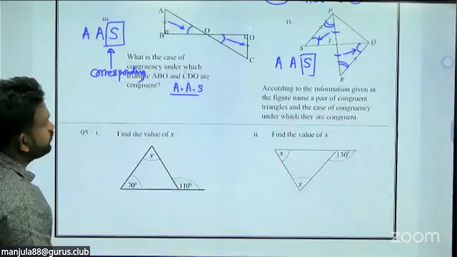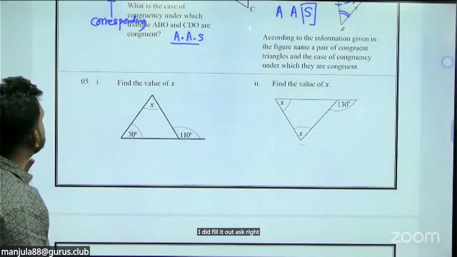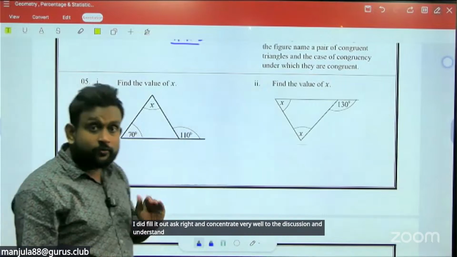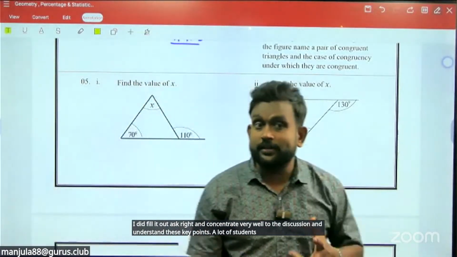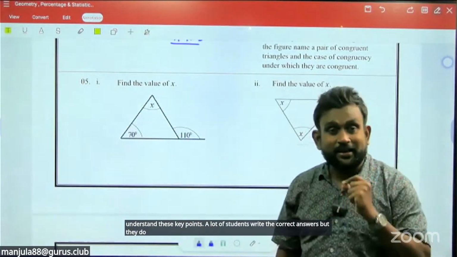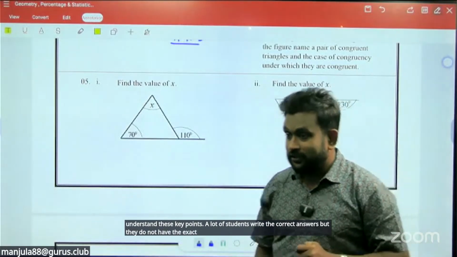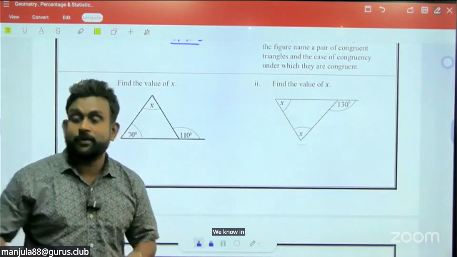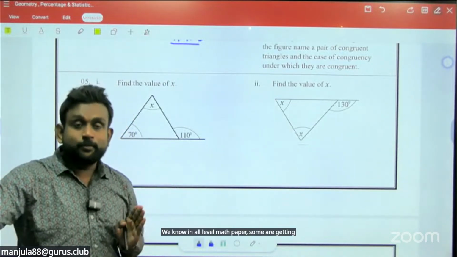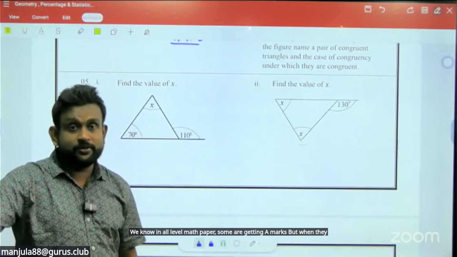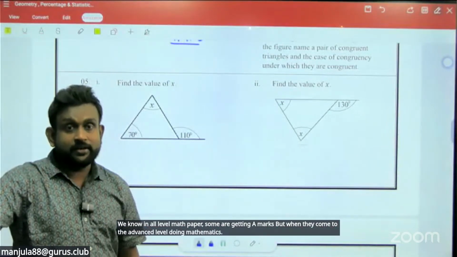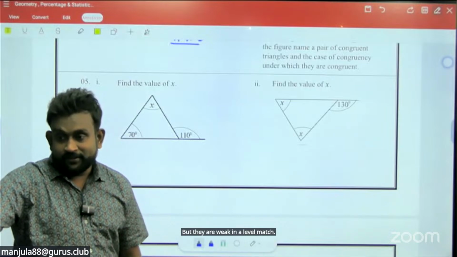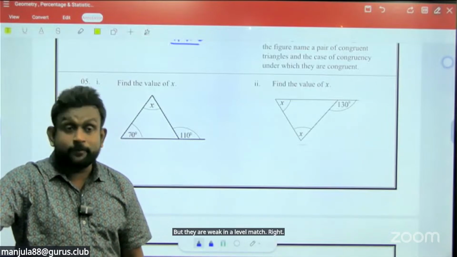Right, if any doubt, ask, and concentrate very well on the discussion and understand these key points. A lot of students write the correct answers, but they do not have exact 100% accurate knowledge of it. We know in O-level maths papers some get A marks, but when they come to A-level mathematics they are weak. Why?